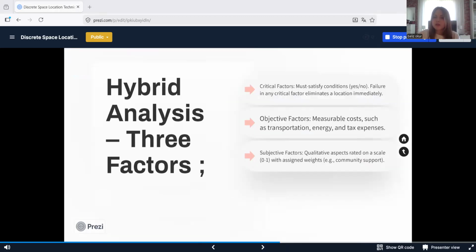So we were looking at purely qualitative feelings and purely quantitative costs. But in the real world of industrial engineering, decisions are rarely that black and white.